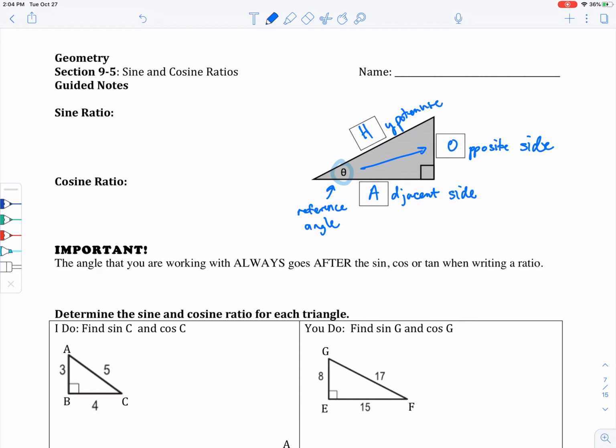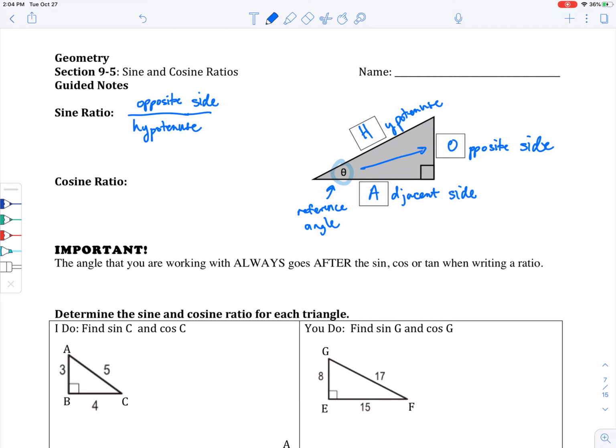Okay. For tangent, we talked about having the ratio of opposite side over adjacent. For sine and cosine, they are different. So for sine ratio, we are using opposite side over hypotenuse. Right?